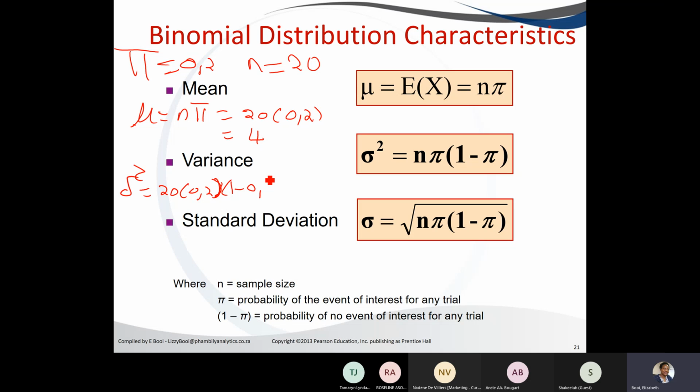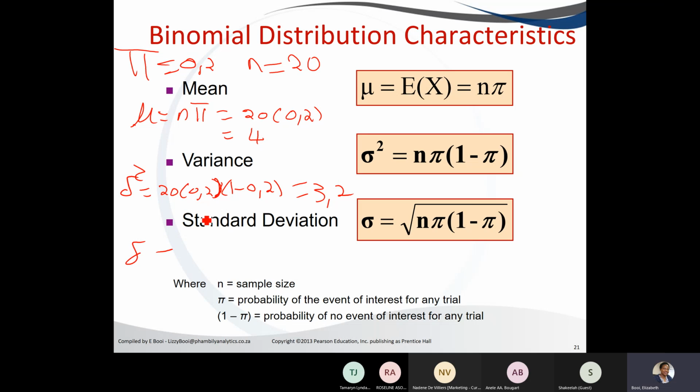minus 0.2, which is 0.8, times 0.2 times 20, equals 3.2. That is the variance.